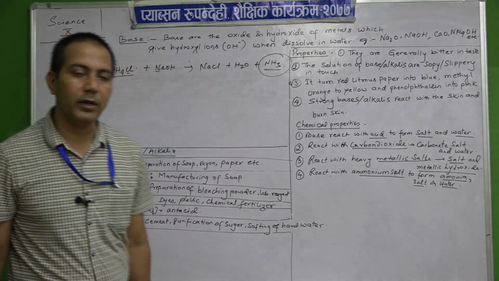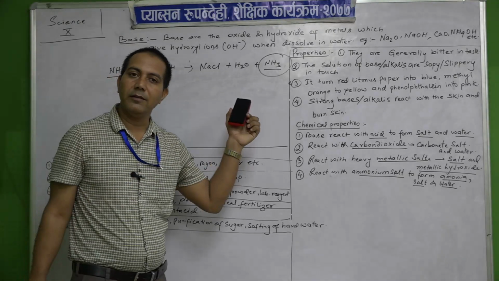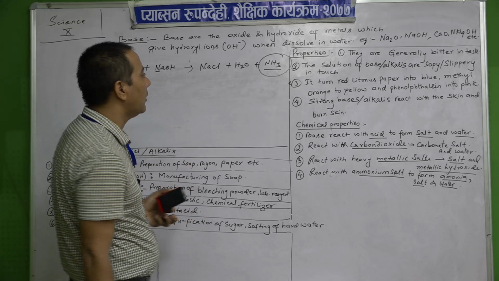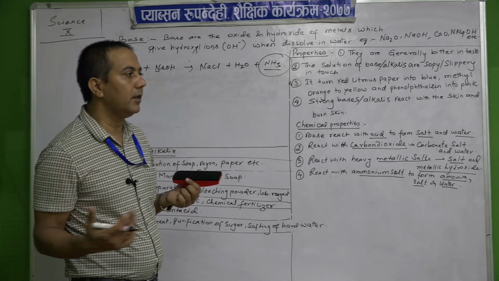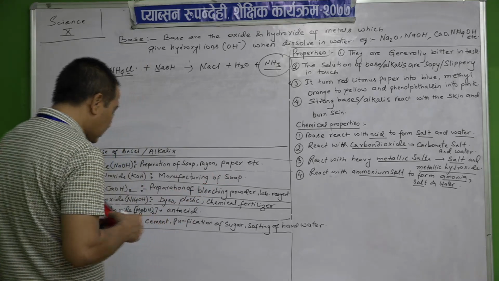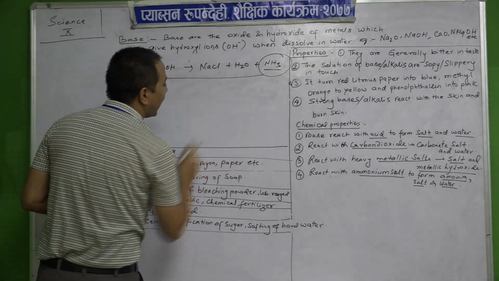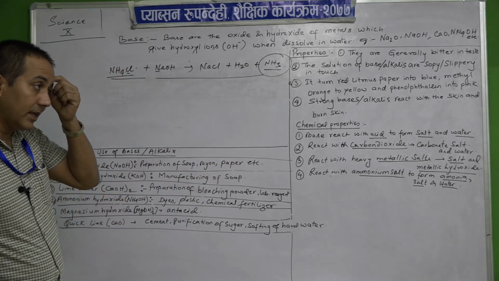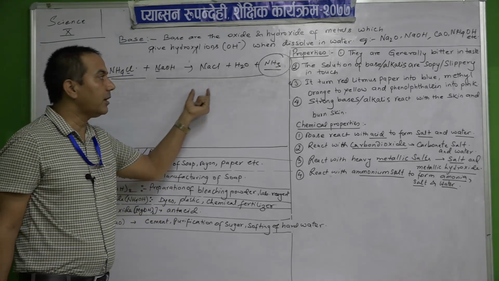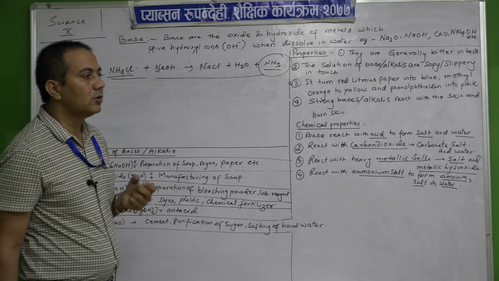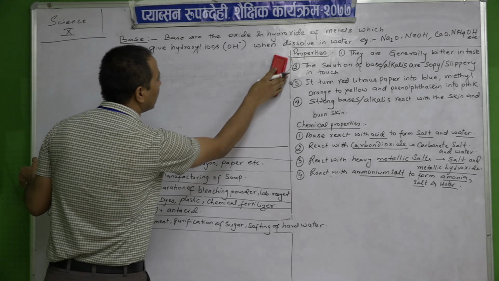This is ammonia. So, we can say that bases are used to produce ammonia. Ammonia can be prepared by using a base. So, by analyzing the chemical reactions, we can say that a base reacts with an ammonium salt to produce salt, water and ammonia. So, these are some of the chemical properties of the bases.